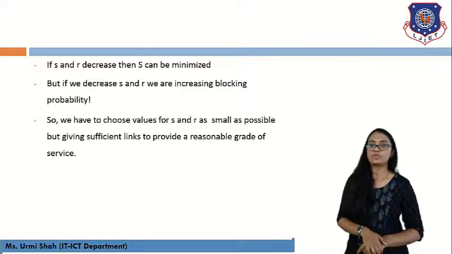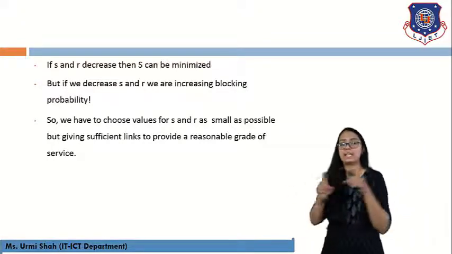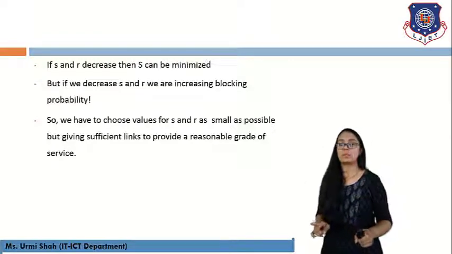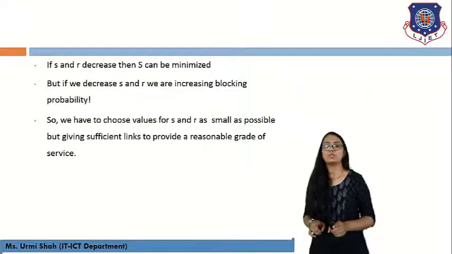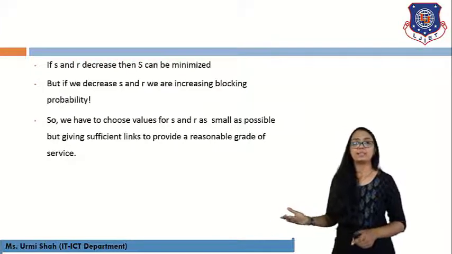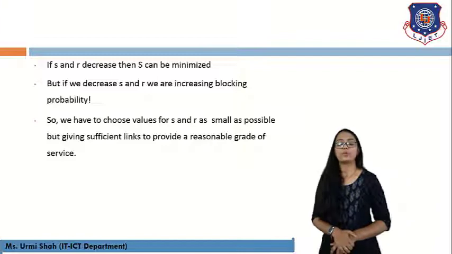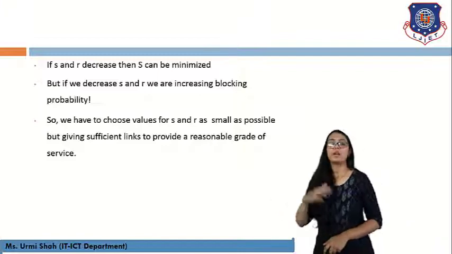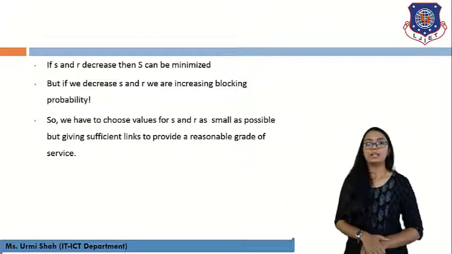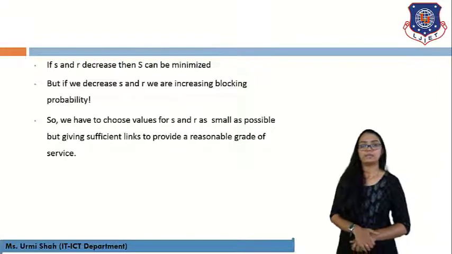So we have to choose values for S and R as small as possible, but giving sufficient links to provide a reasonable grade of service. So these are the criteria for avoiding the blocking of any switching network.